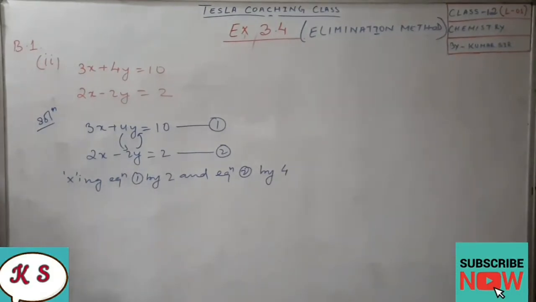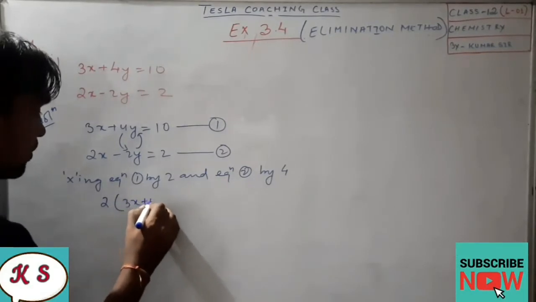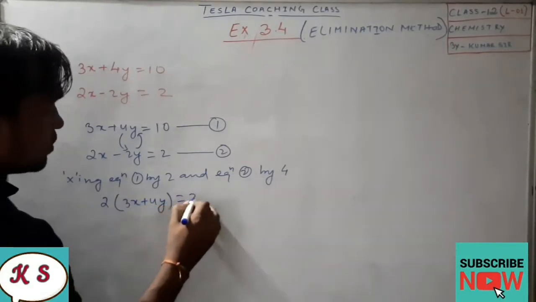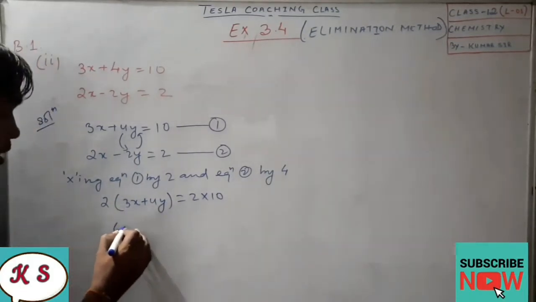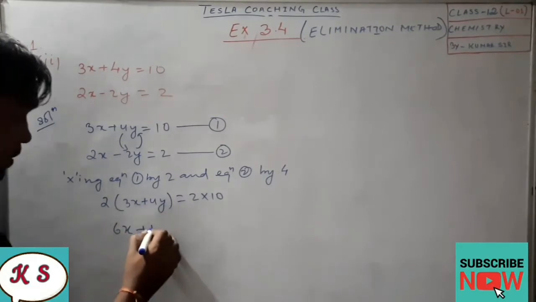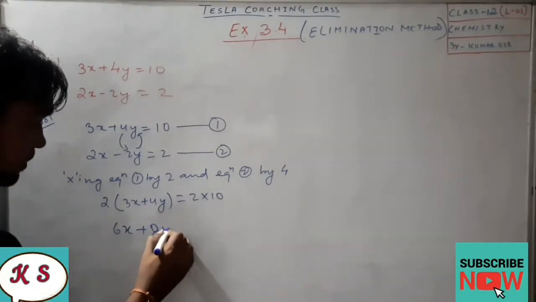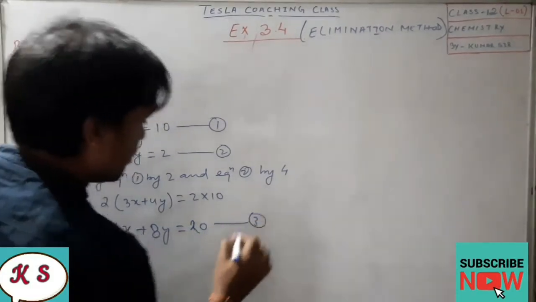So when we are multiplying equation 1 by 2, we write 3x plus 4y equal to 2 into 10. When you multiply it, 2 into 3 is 6x, 2 into 4 is 8y, equal to 20. Equation number 3.